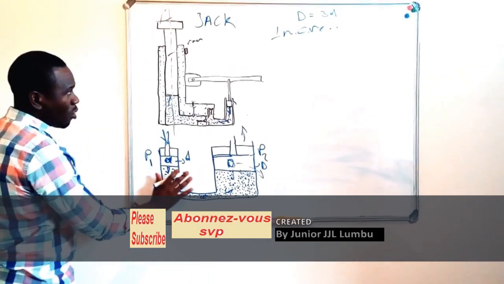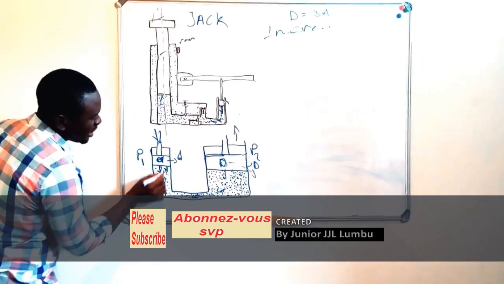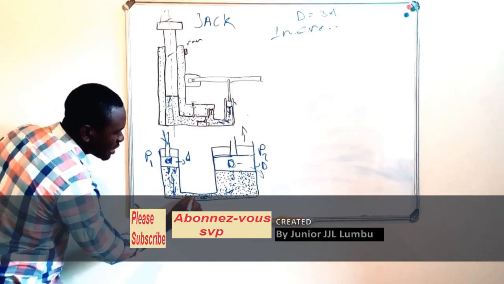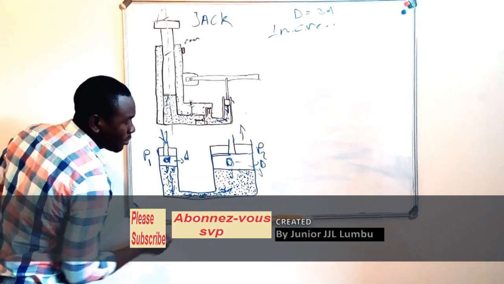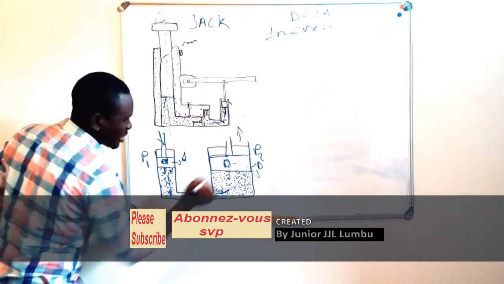What happens in a fluid is that if I apply a pressure here, it is the same pressure applied everywhere, so the pressure applied here is the same as the pressure applied there.